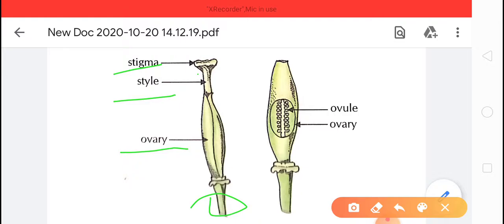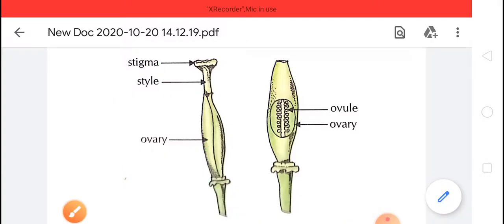Inside the ovary, ovule is found, where female gametes are formed. After that, we'll discuss pollination and fertilization. That is also very important.